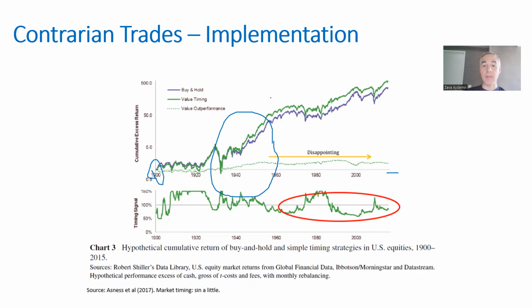But since then, that gap has been more or less constant. It didn't change that much anymore. So it's actually quite a disappointing result, especially in the last 60 years or so. From 1960 until 2015, it's not adding that much value.